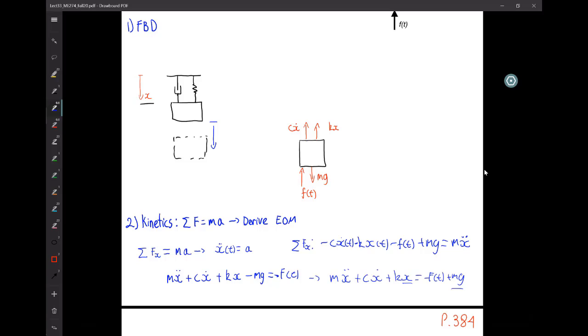And then you get that x is equal to mg over k. That is the equilibrium position. That is the 0 of your system, when x is that, of this particular system.